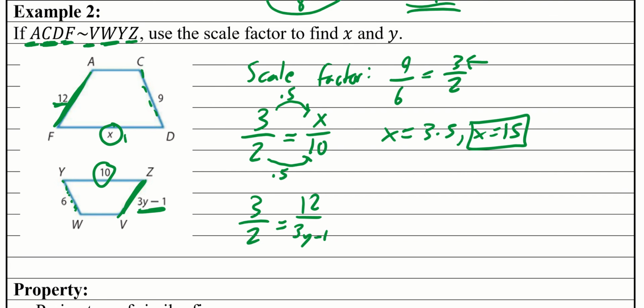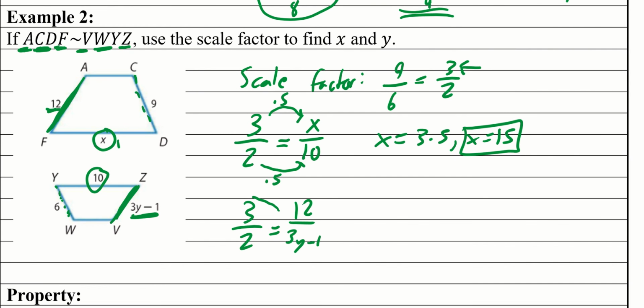That means that anytime I multiply the ones that are across or diagonal from each other, that's always going to equal the same thing. So for instance, these two that I've just circled, multiplied together, will always equal the product of the other two that are diagonal from each other. This will work every single time. So we can use that now. When I go to set this up, I'm going to multiply 3 times 3y minus 1.